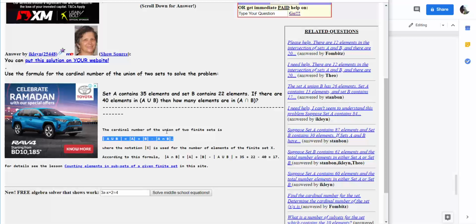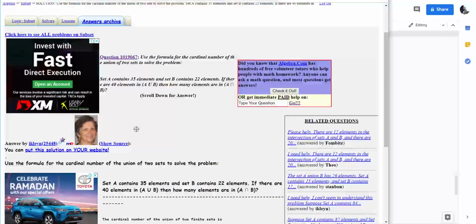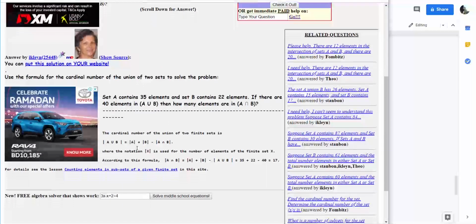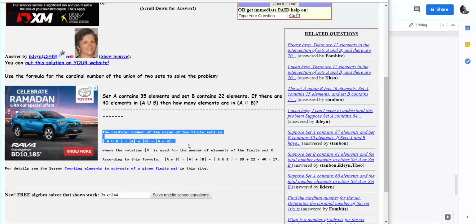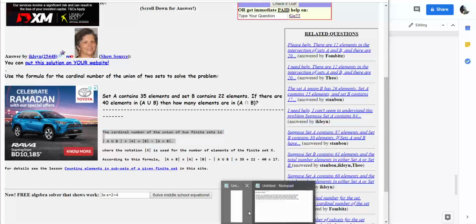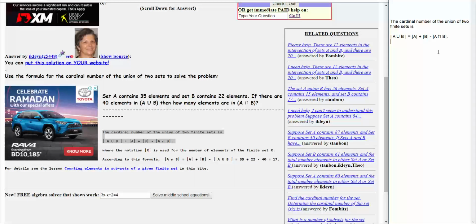So the cardinal number of the union of the finite set is set A contains, and there are, okay, the cardinal number. This is quite interesting to me. So just have this recorded.